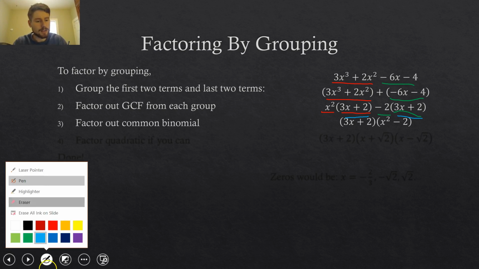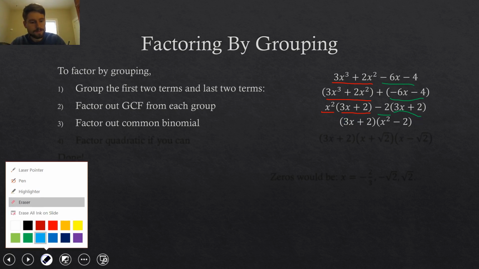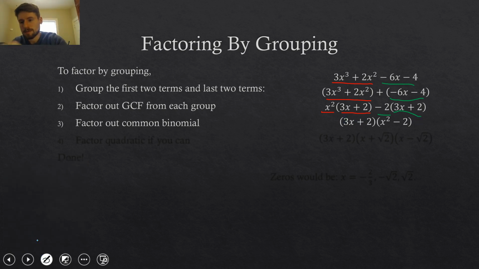And here's where it gets a little bit messy and hard to see. So I'm just going to make a note over here, the binomials must be the same to factor by grouping. So here's how we factor the binomial out. 3x plus 2 is common to both x squared and negative 2.